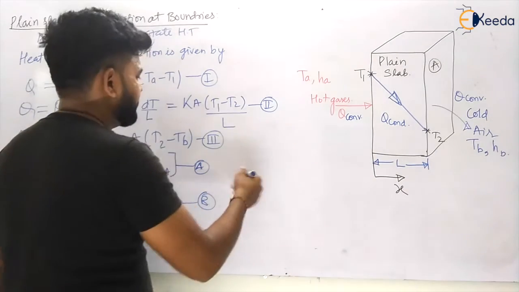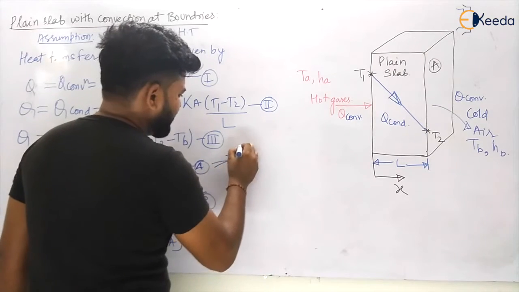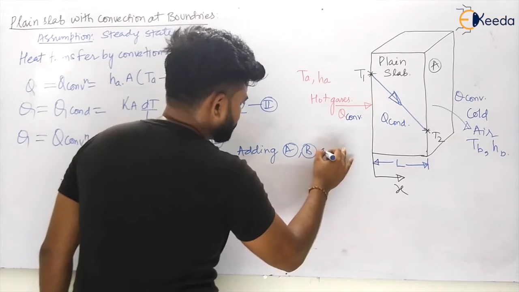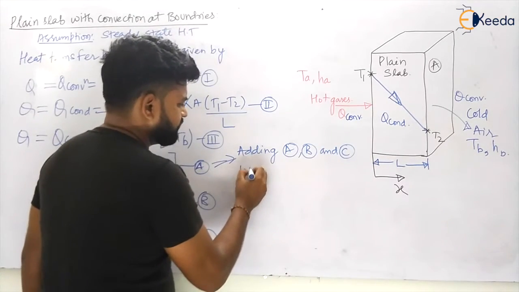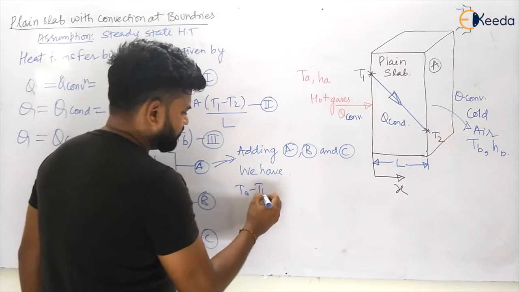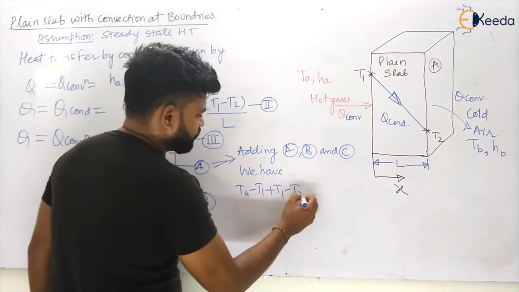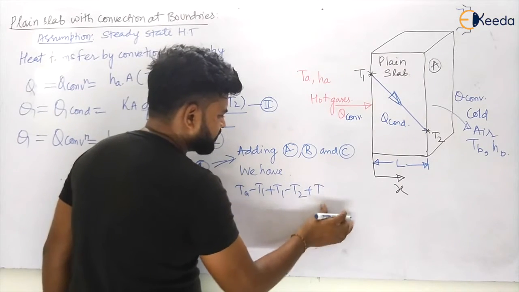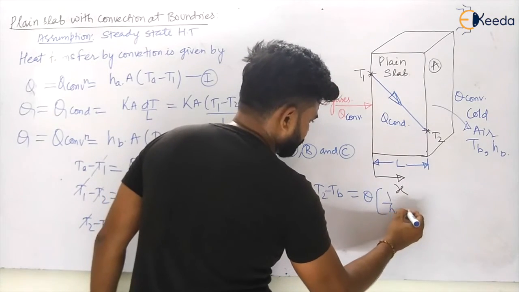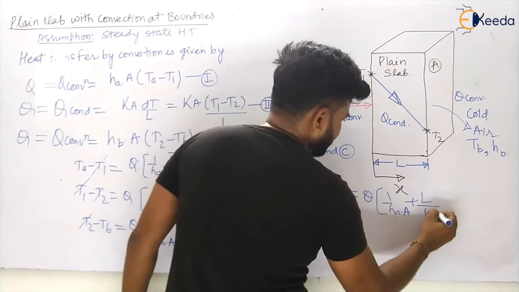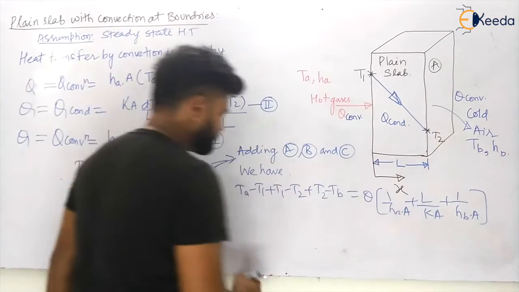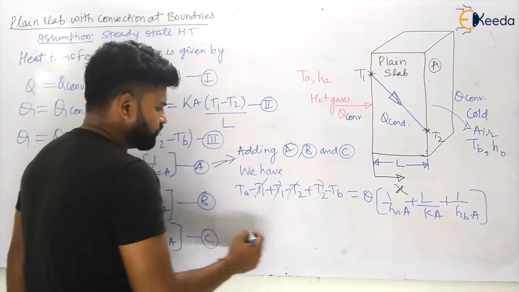So let us see. Adding all equations, adding A, B and C, we have Ta minus T1 plus T1 minus T2 plus T2 minus Tb is equal to Q into 1 upon Ha into A plus L by Ka plus 1 upon Hb into A. So, my dear students, T1 and T2 will go.